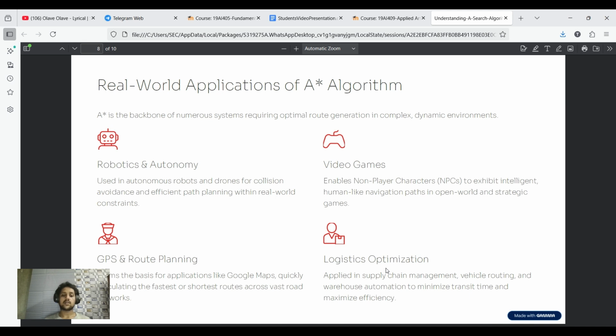It forms the basis for applications like Google Maps, quickly calculating the fastest or shortest path across wide road networks. Third one is video games. Non-player characters navigate like humans in open world and strategy games. Fourth one is logistics optimization. It is applied in supply chain management, vehicle routing, and warehouse automation to minimize transit time.